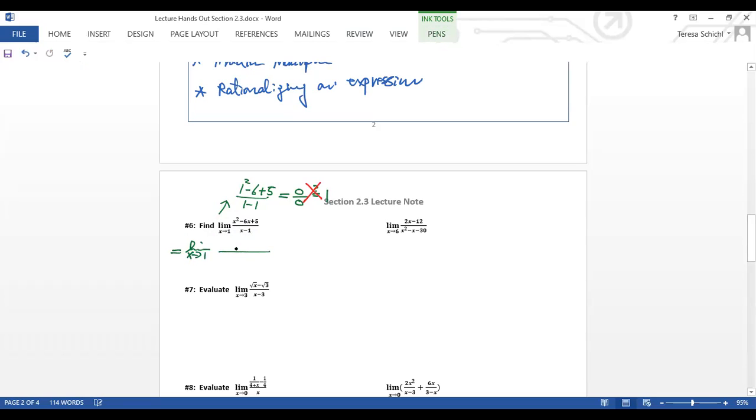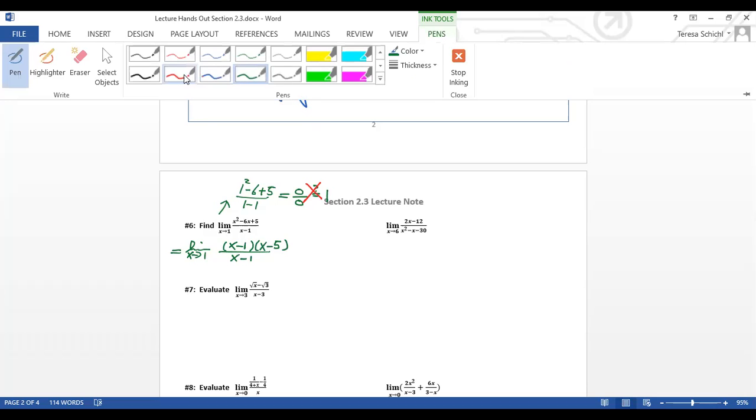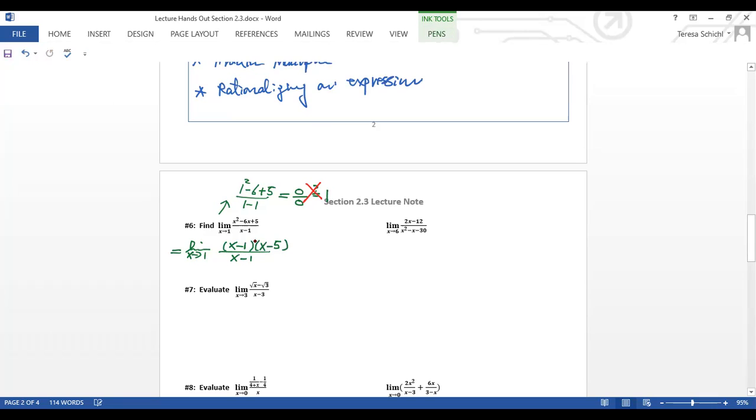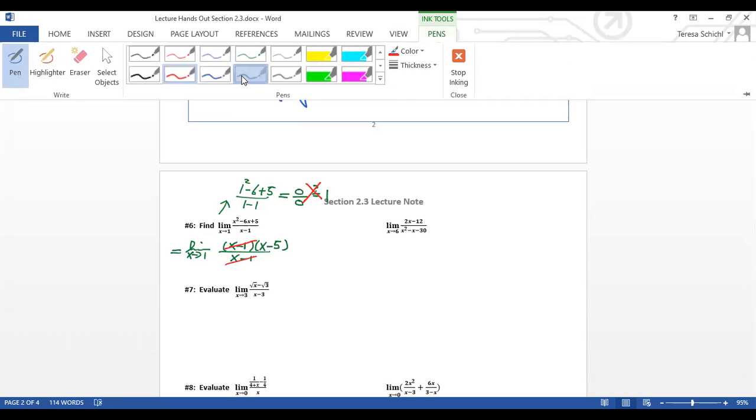Say, hey, how about we try to factor to see if we can simplify some things here. So here is the x minus 1. What is x squared minus 6x plus 5? I can factor it like x minus 1 and x minus 5, right? Now after factoring, you will see, oh, this is pretty good. x minus 1, x minus 1 cancel out.